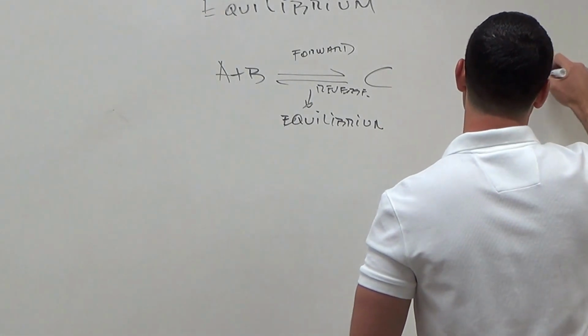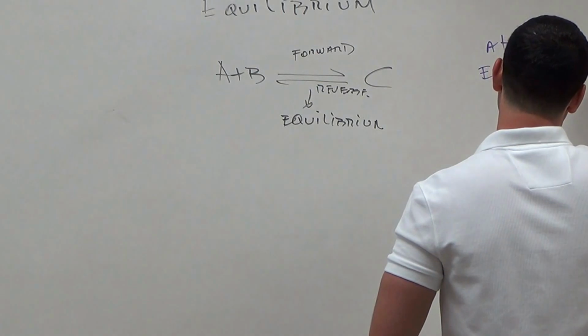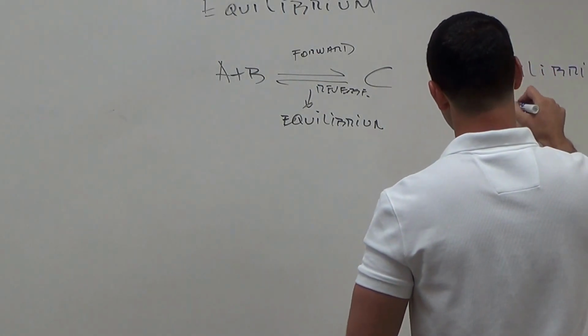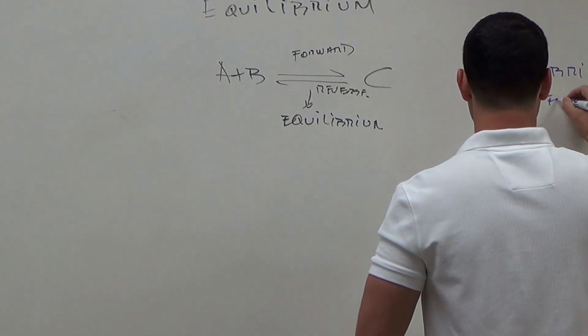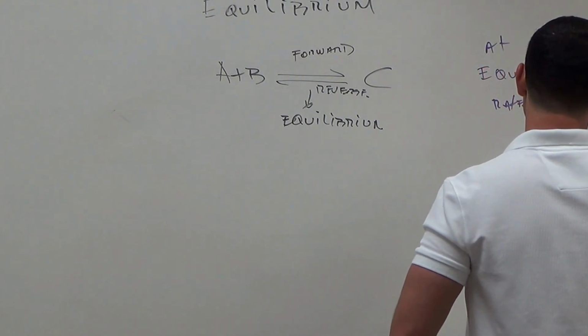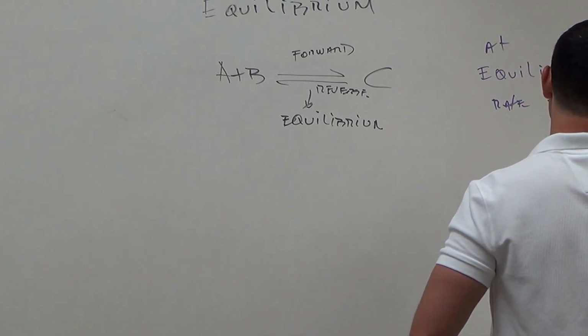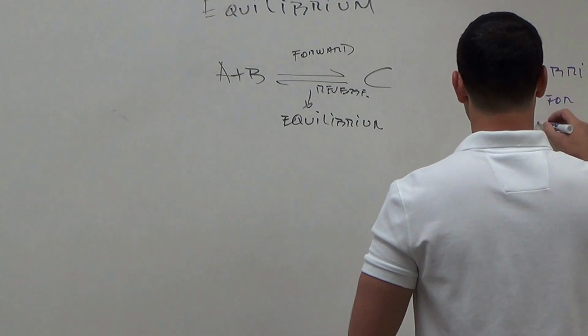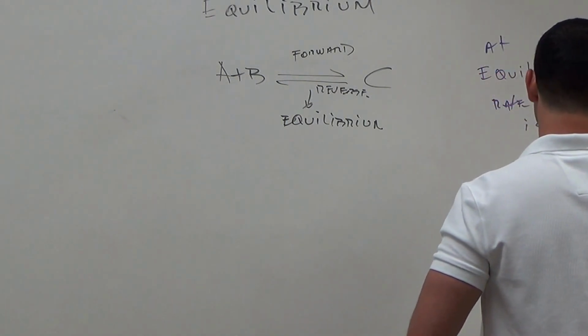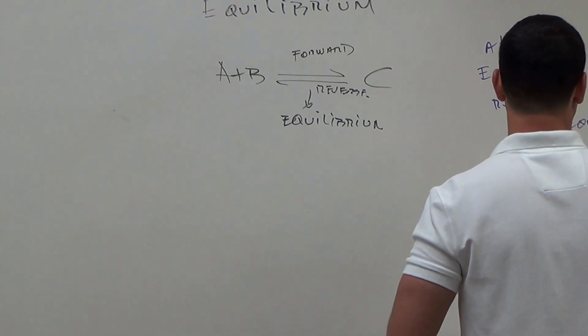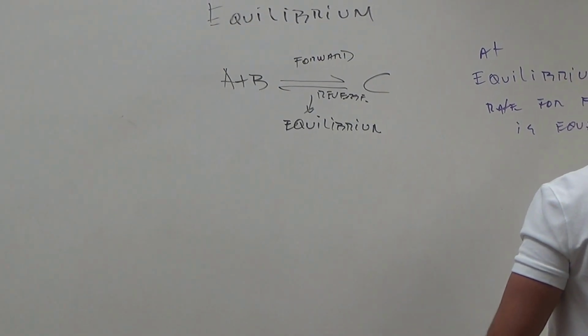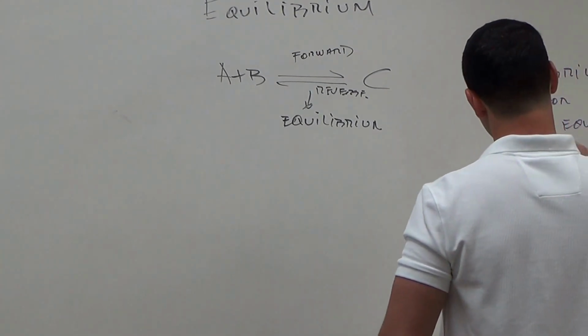So at equilibrium, the rate for the forward is equal to the rate for the reverse.